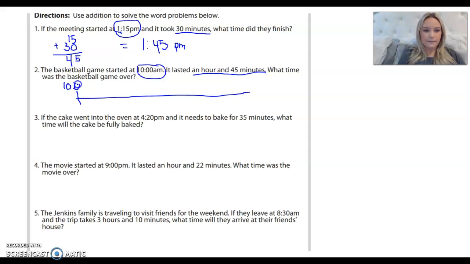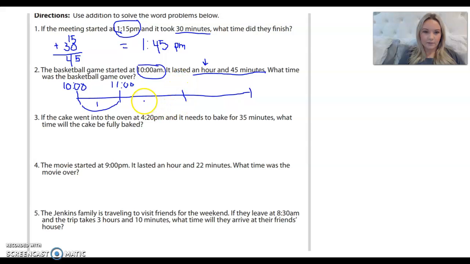My start time over here is 10 a.m. The easy thing to do to start is to add this hour that it's talking about right here. So if I add an hour to 10, if I jump 1 hour, that moves it to 11 o'clock a.m. Now what I have to do is add 45 minutes.